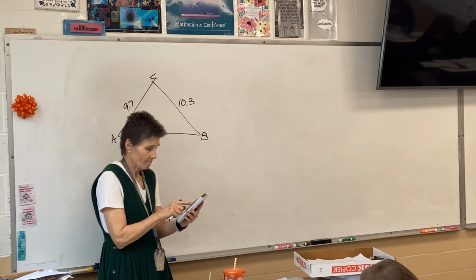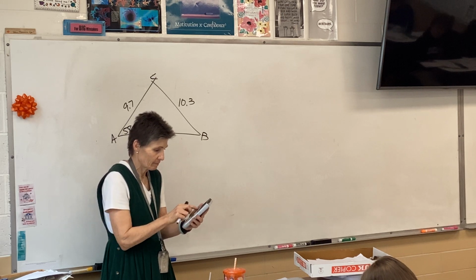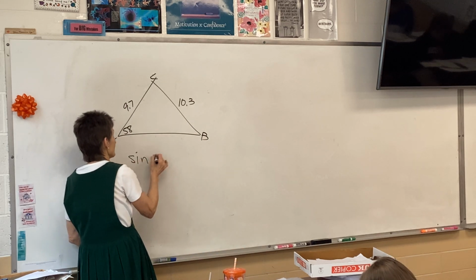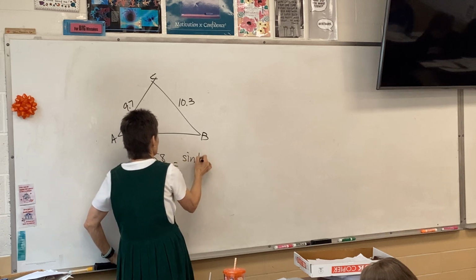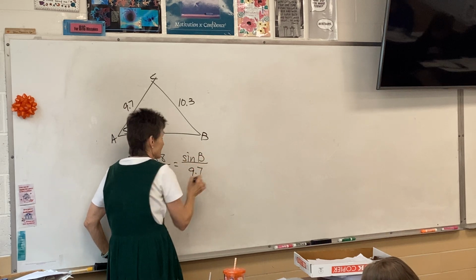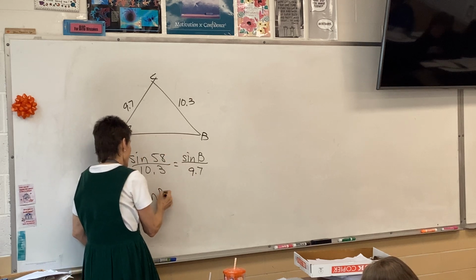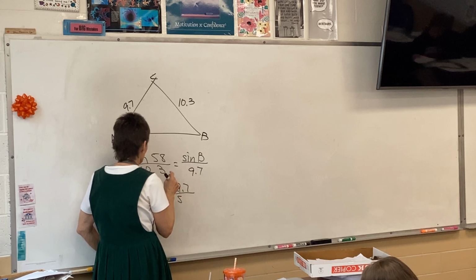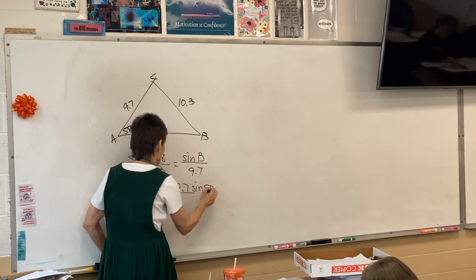I need to change my calculator into degrees here. So this is clearly a law of sines problem. So sine 58 over 10.3 equals sine B over 9.7. So I'll cross multiply and divide, and sine B equals 9.7 sine 58 over 10.3.